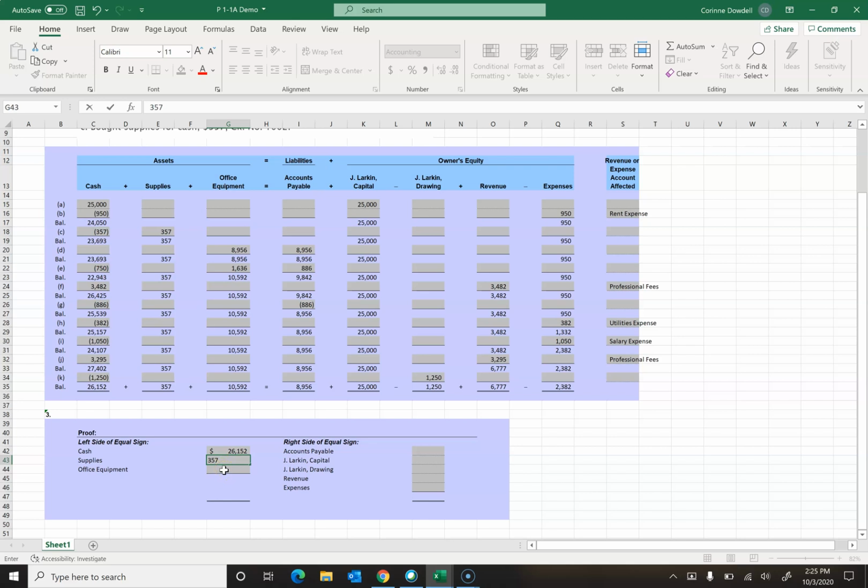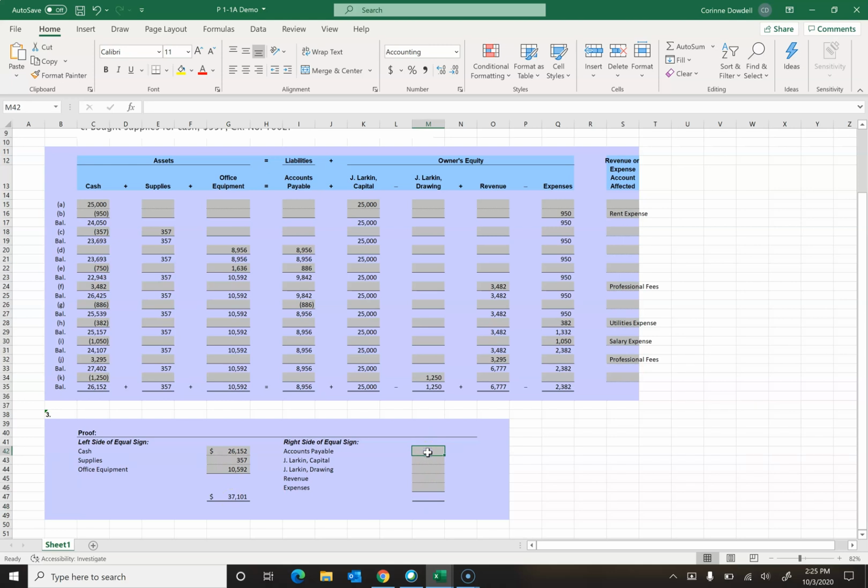And then office equipment is $10,592. And then you will auto sum those to show me that that side of the equation is going to equal the other side. So 37,101. Now, if I did this correct, this should match.